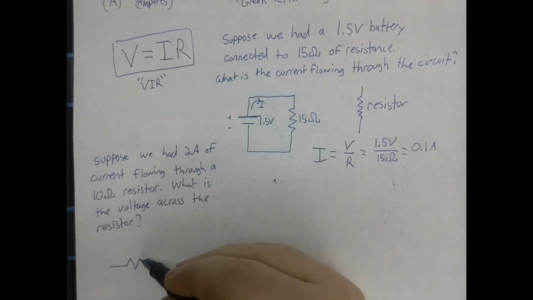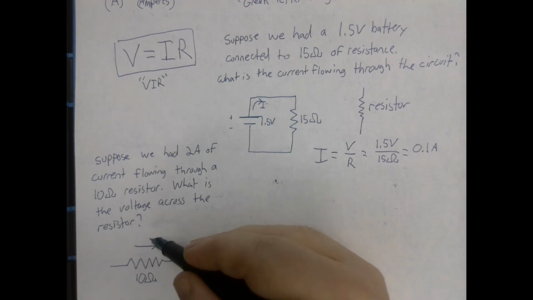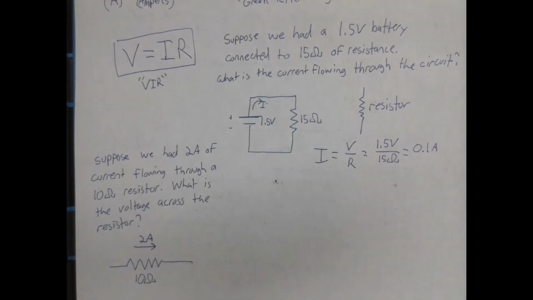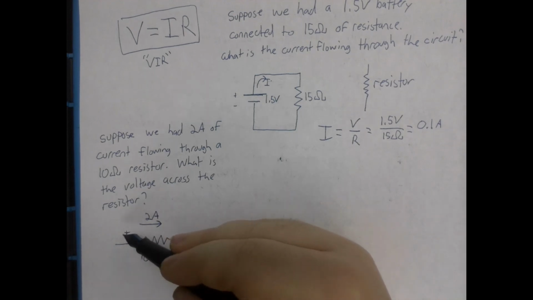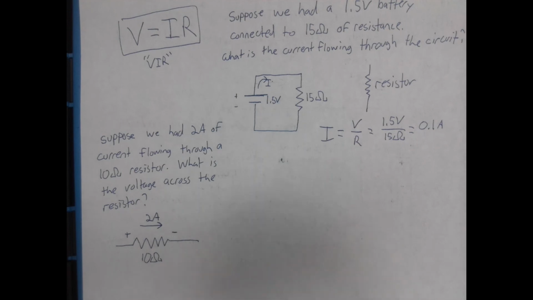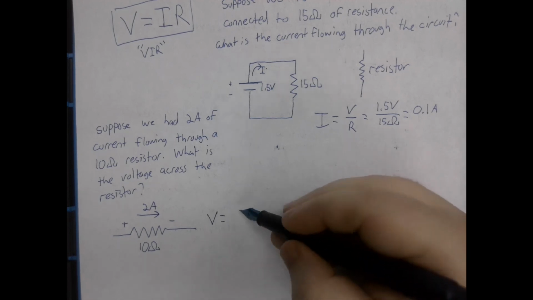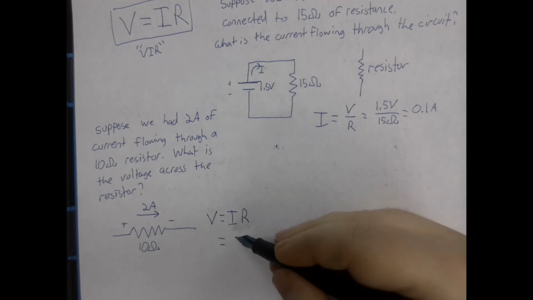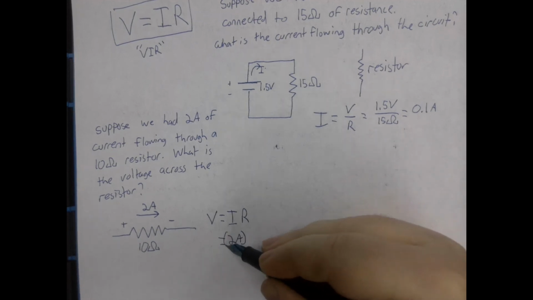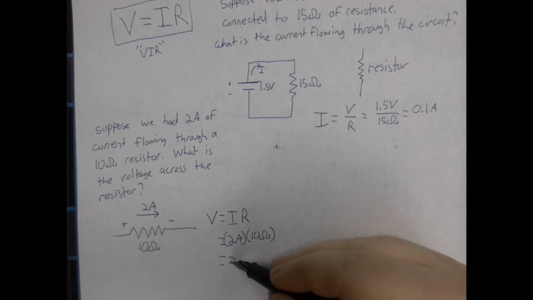So we have a resistor which has 10 ohms of resistance, and across it we have 2 amps of current. So this would be the positive side, this would be the negative side. So voltage is equal to current times resistance. So the current is 2 amps. The resistance is 10 ohms. So we have 20 volts.